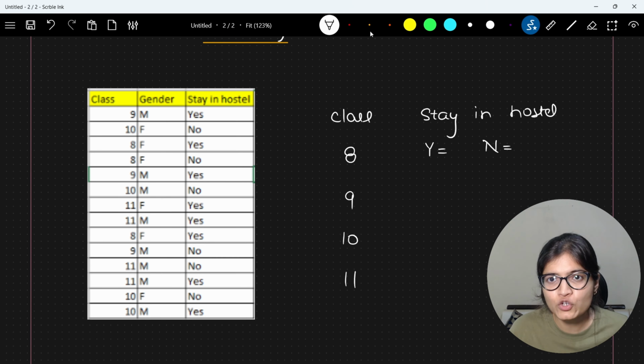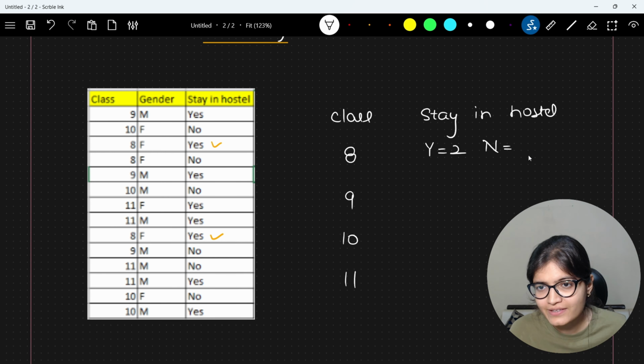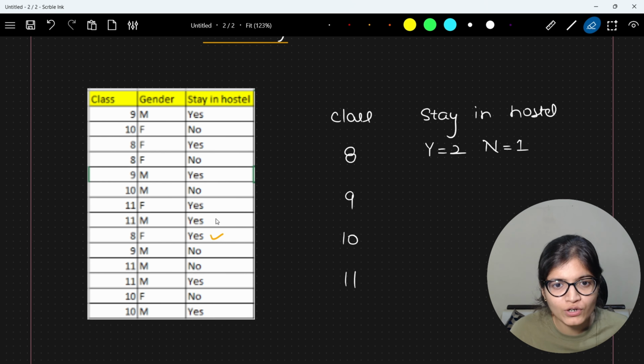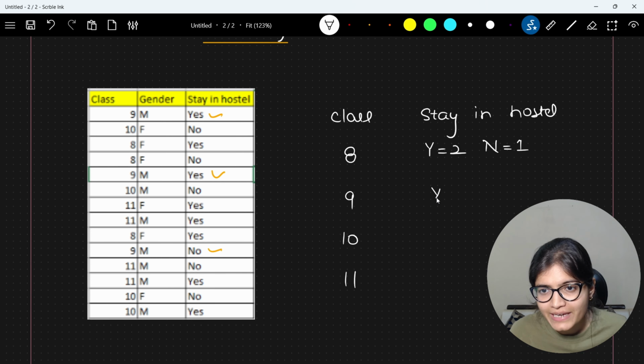There are two records which are yes and only one record which is no. Similarly for class 9, yes is 2 and no is 1.